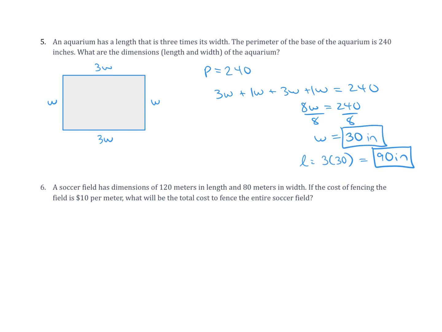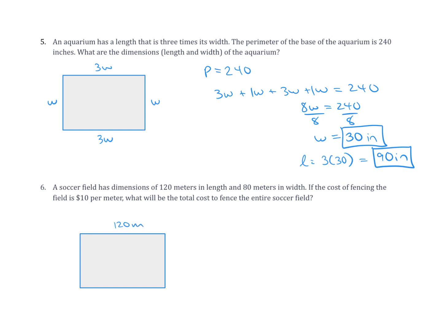Okay, and one more application. A soccer field has dimensions of 120 meters in length and 80 meters in width. I'm going to draw a rectangle. If the cost of fencing the field is $10 per meter, what is the total cost to fence the entire soccer field? So we're putting a fence around this field. A fence, since it goes around the outside, is going to be related to the perimeter. So we're going to want to find the perimeter of this rectangle.